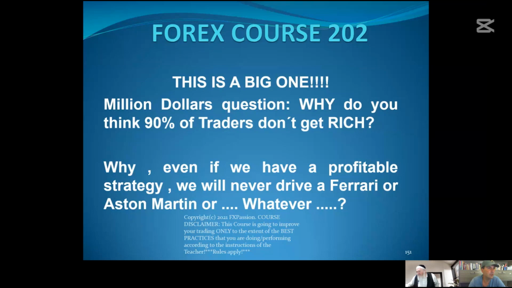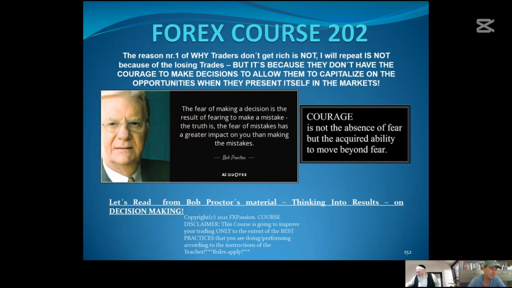So this is one of the characteristics of a professional trader. What makes them trade the big money? The reason number one why traders don't get rich is, I will repeat, not because of the losing trades, but because they don't have the courage to make decisions that allow them to capitalize on the opportunities when they present themselves in the market.